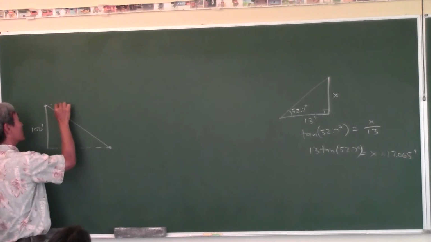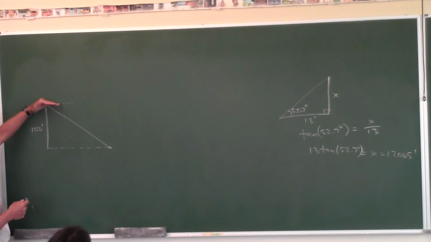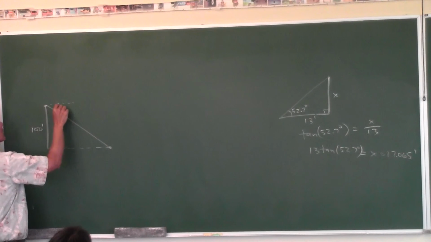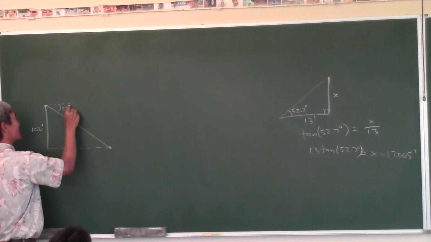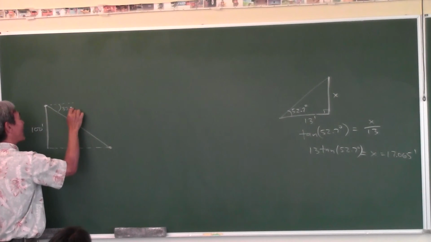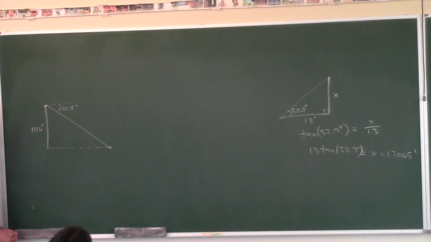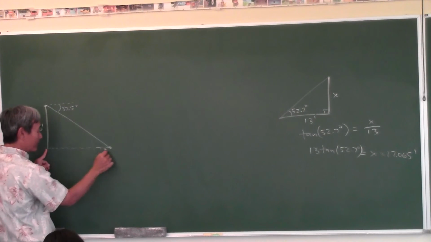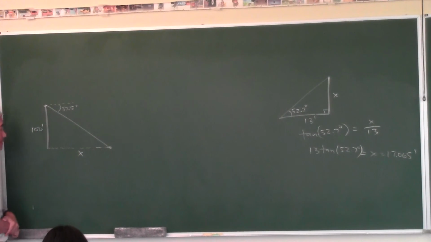So here's the horizontal. Let's say the angle of depression is, give me something, 37.5 degrees. I'll just give it to you in decimals this time, okay? How far from the cliff is the boat? That's what I want to find.